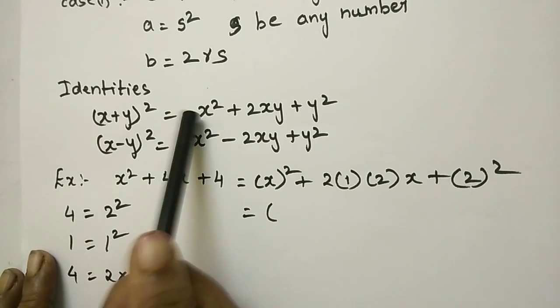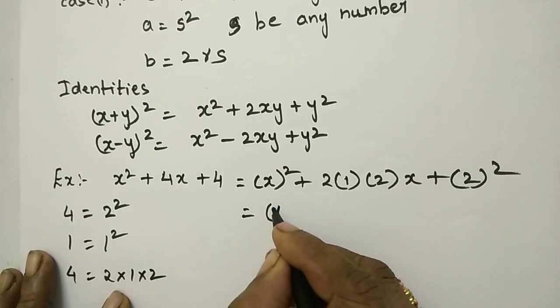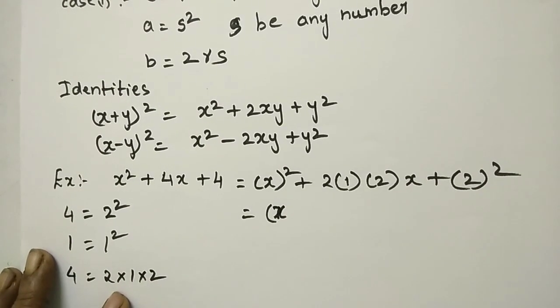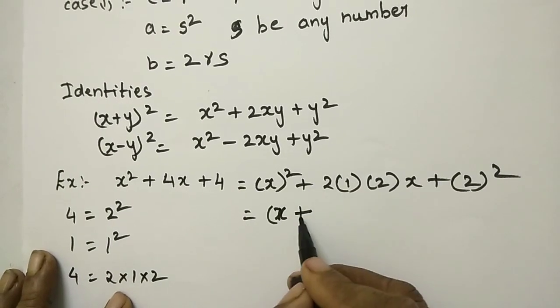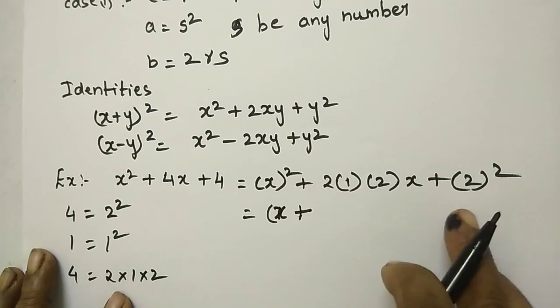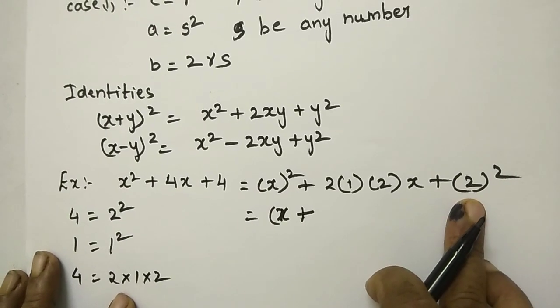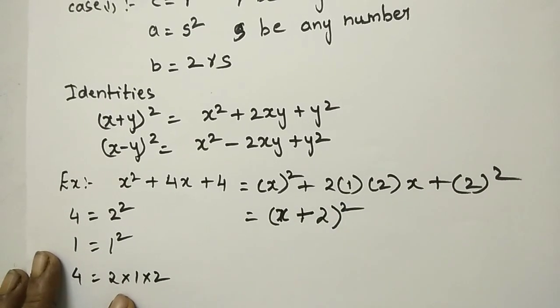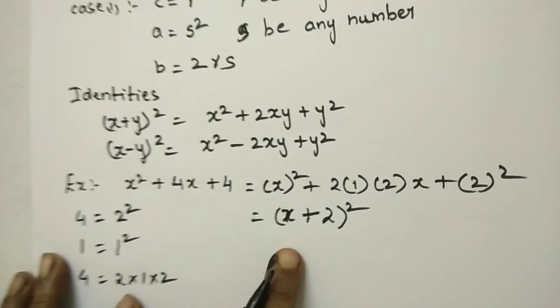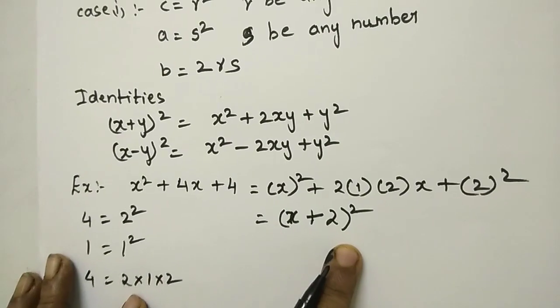It is 1 into x. Write down x. If it is plus sign, keep plus sign. If it is minus sign, simply keep minus sign. And in place of y, what is here? 2. Write down simply 2. And keep square. So the factor of this algebraic expression is x plus 2 whole square.